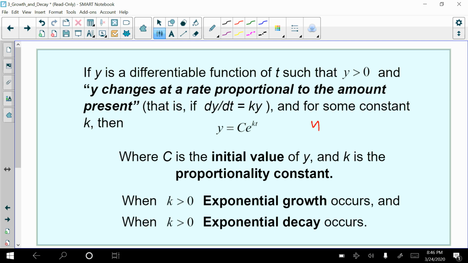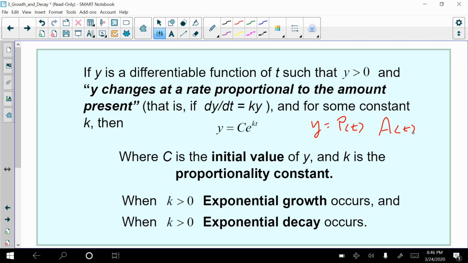So y might be considered maybe p of t if we're talking about population. Maybe it could be a of t if we are generally referring to amount of some topic, like number of atoms for a decay function for half-life.